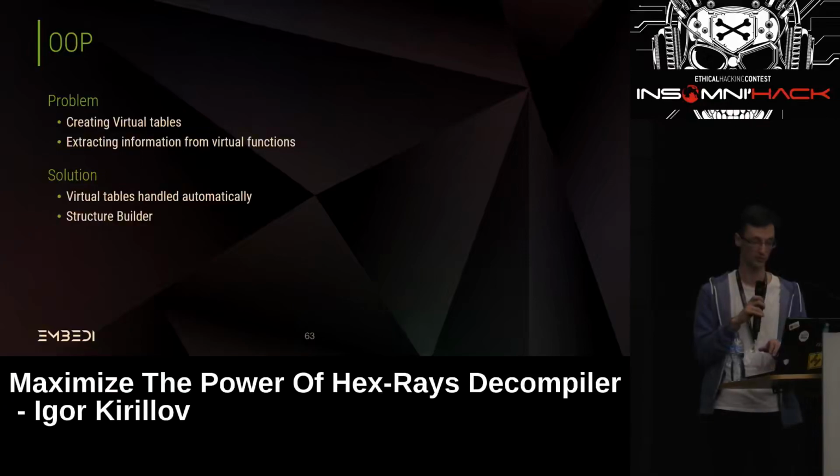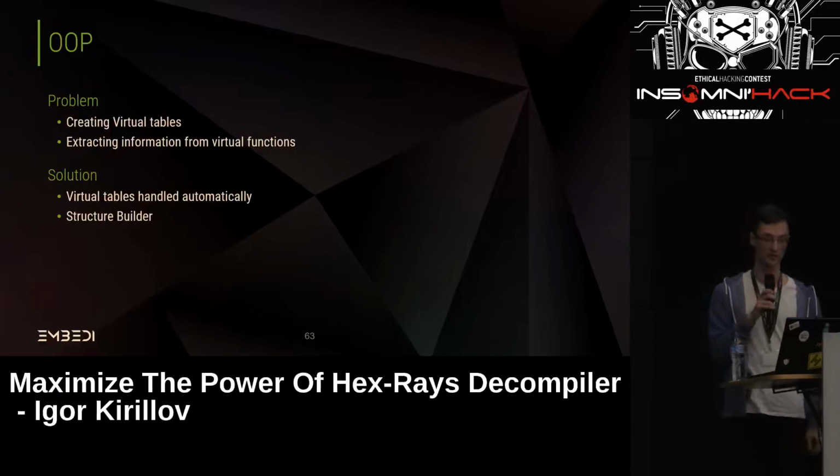So now let's switch to another topic, object-oriented code. Mostly classes don't differ from regular structures, and everything that was said before can be applied to them too. But classes have new entities, namely virtual tables and virtual functions, and my plugin is capable of detecting and creating virtual tables, and besides, it enables something more.